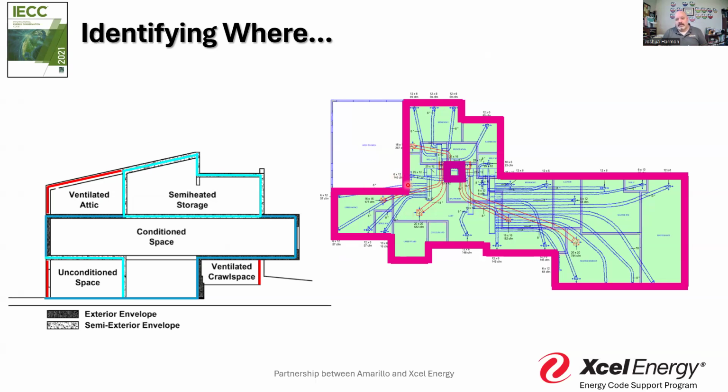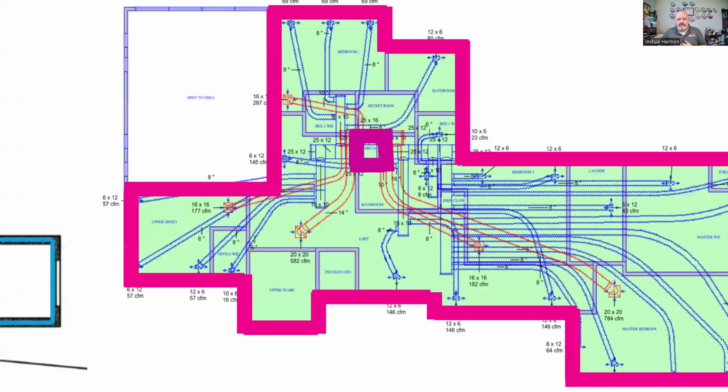We see this duct right here. We can kind of see it crosses over into unconditioned space. So then we have to test it to make sure that there's no leak here, because a leak in this, we're going to zoom in here a little bit, a leak in this 8-inch duct that passes through the deck, through the unconditioned garage, if there's a leak in it, it will have a completely different impact than if the leak was in the master bedroom.